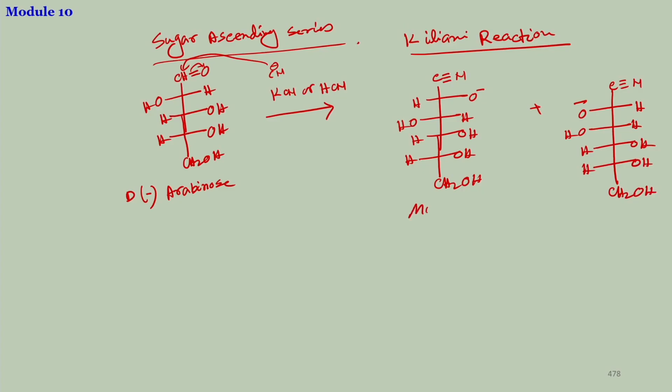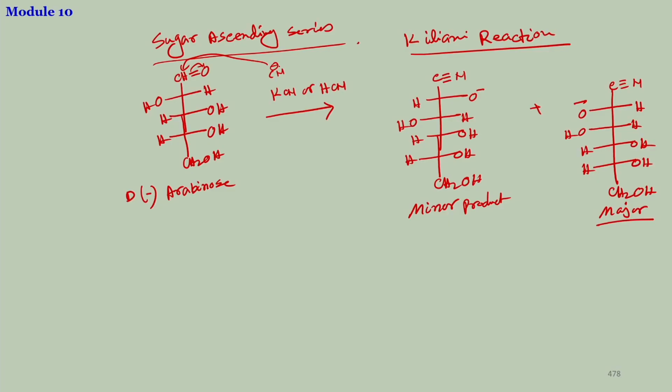It turned out that this is actually the minor product, and this is actually your major product. This is according to Cram's rule, if you remember. This is a very famous rule for carbonyl compound reactions: which way the incoming nucleophile will come is governed by a rule known as Cram's rule.